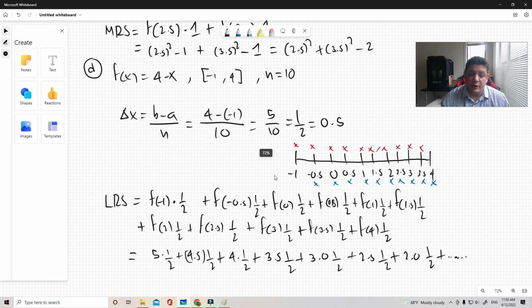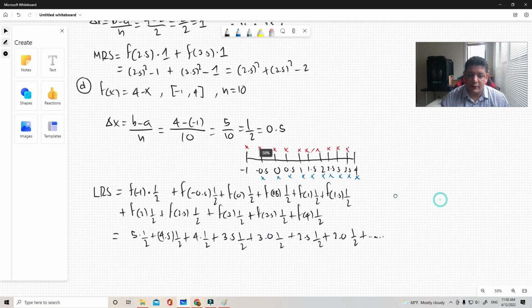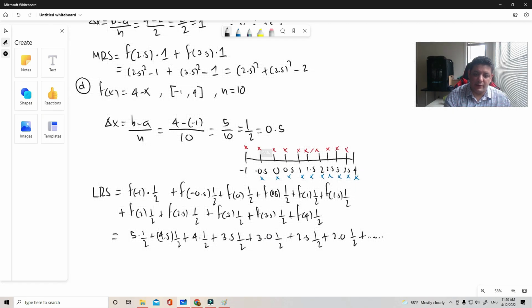Notice that I'm not drawing here the function, but of course there's a function on top. So if I'm going from minus 1, then 1, 2, 3, 4.